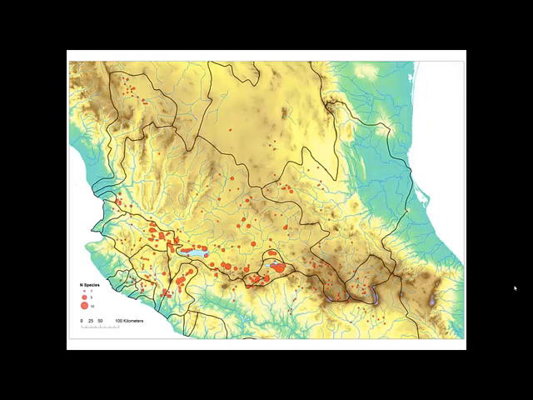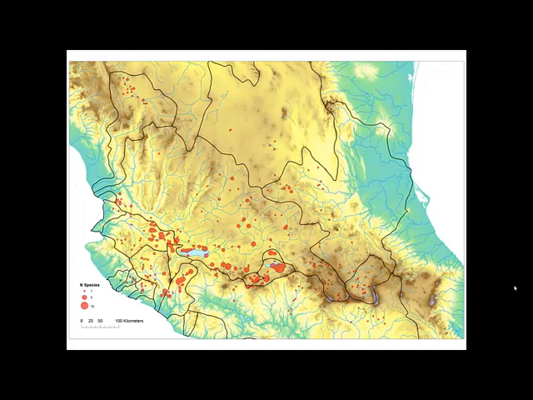And this is the distribution of the Goodeidae across central Mexico. The size of the dots indicates how many species are found at each location. You can see the Trans-Mexican Volcanic Belt running east-west here. Here are these large volcanoes, Mount Colima and various other ones.